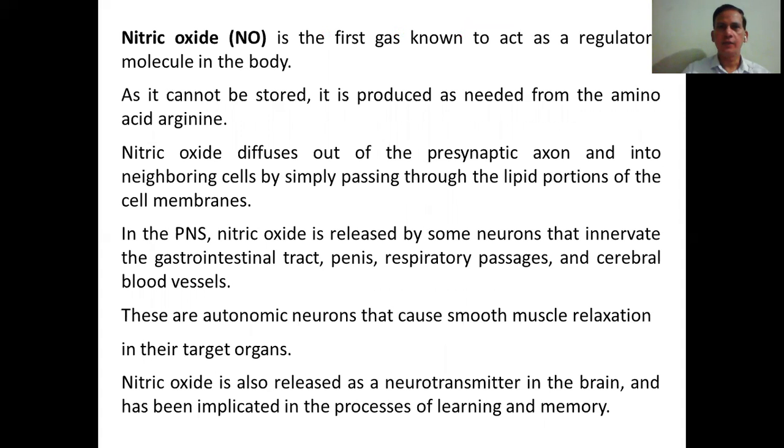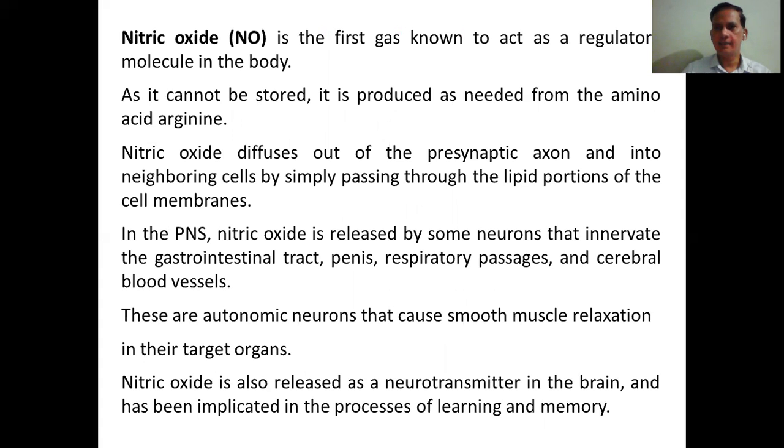So nitric oxide is the first gas known to act as a regulating molecule in the body. Since this is a gas, it cannot be stored in the body. So it is produced when it is required, and it is produced from the amino acid arginine.